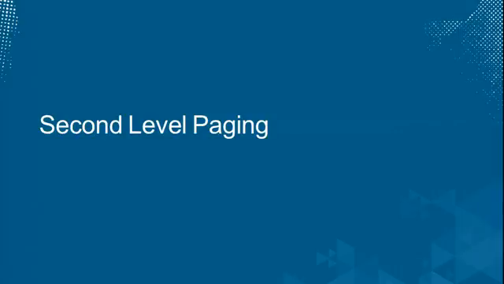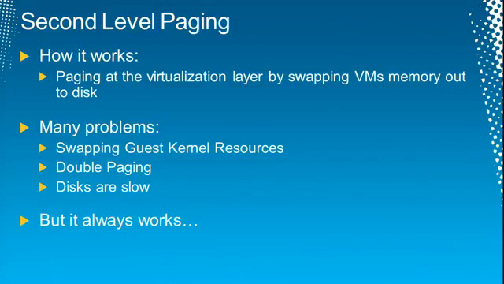Second level paging. We all understand the concept of paging. This has been happening in Windows and all operating systems since the very beginning. The general concept of paging, or paging to disk, is when you're out of memory and an application needs it, you'll write those memory files to disk instead of keeping them in memory.